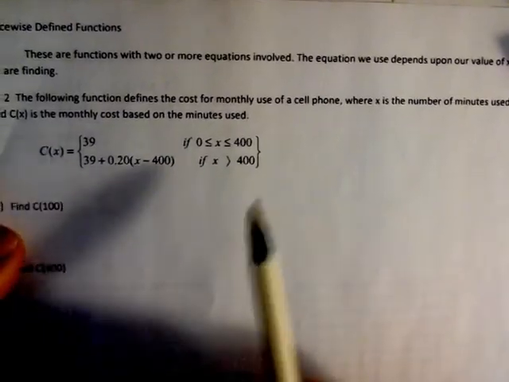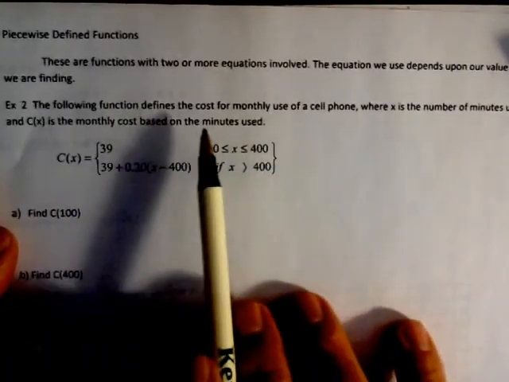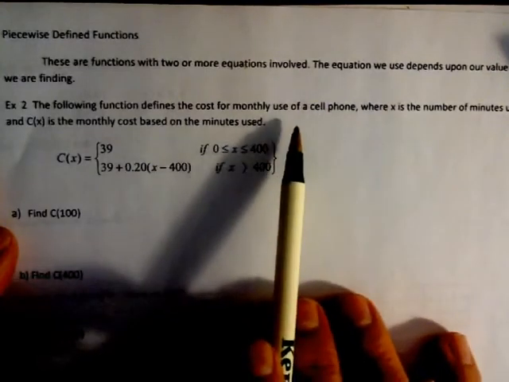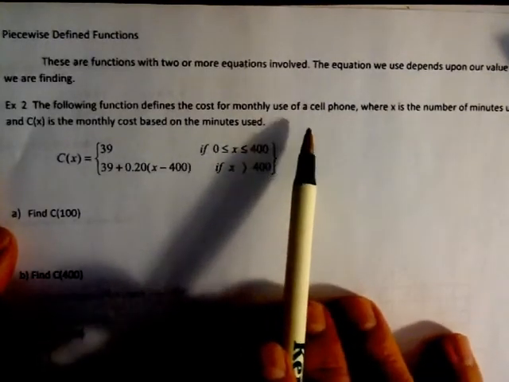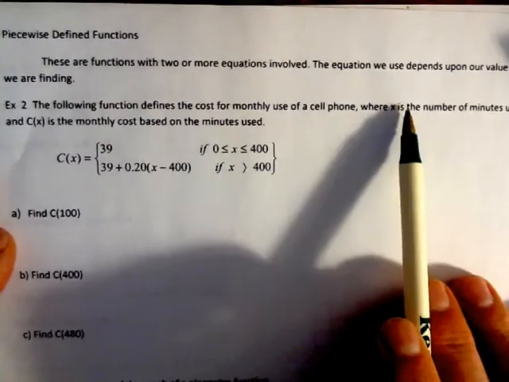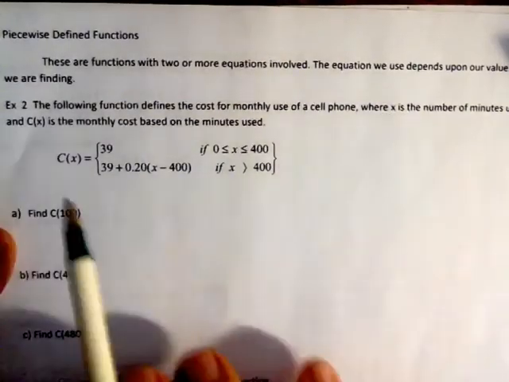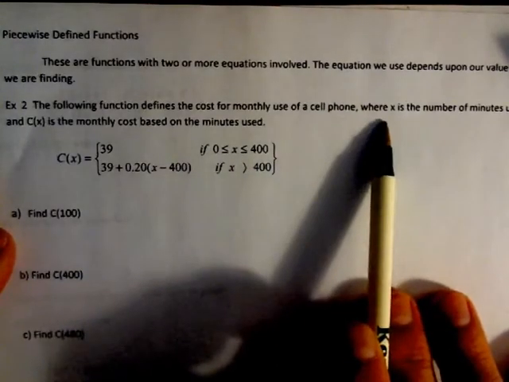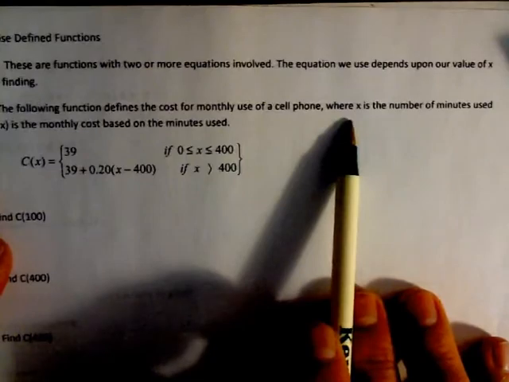I always like to show an example of a piecewise using a cell phone bill. Back in the day, I should change this because nobody talks anymore, but that's okay. Your C of x is the cost of your monthly cell phone bill, based upon x, the number of minutes used.